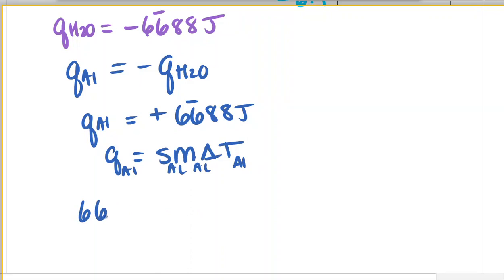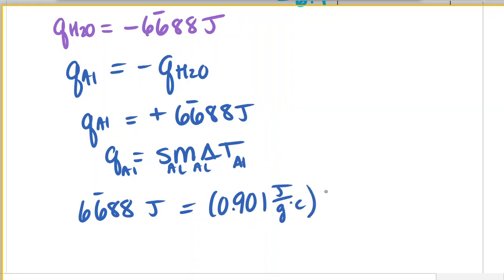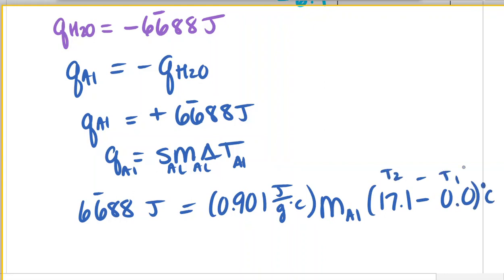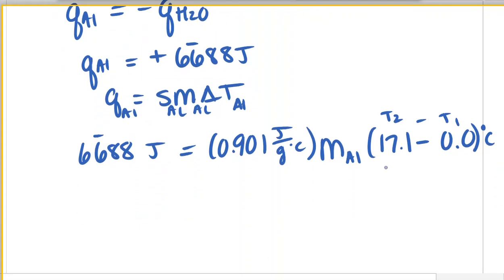And so plugging in, the specific heat for the metal, the aluminum, was given. We're solving for the mass of the aluminum this time. Okay, and then we'll watch this to make sure on the sig figs, and it's fine, it still has 3.